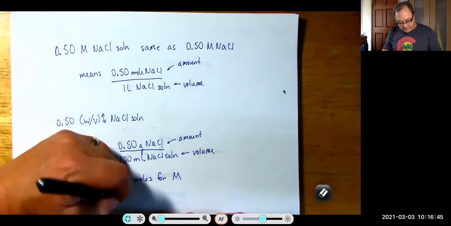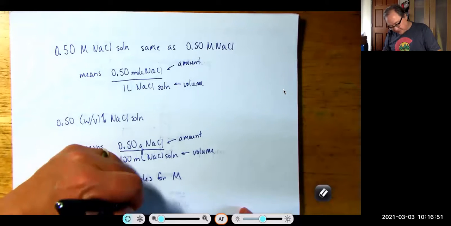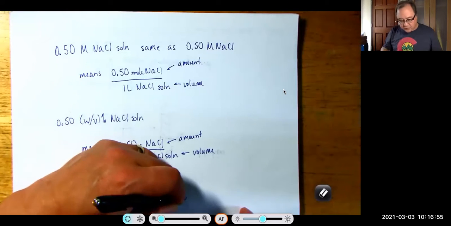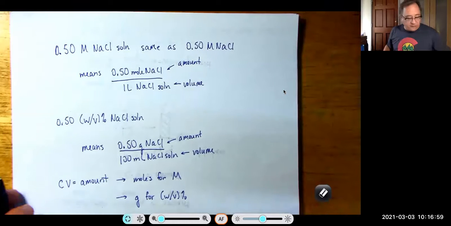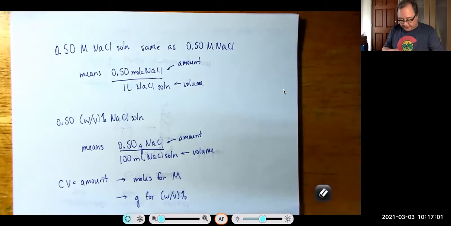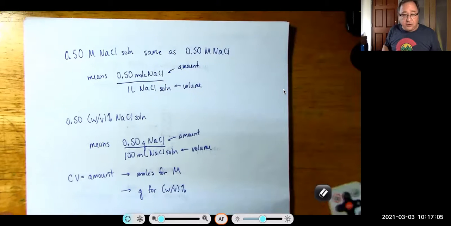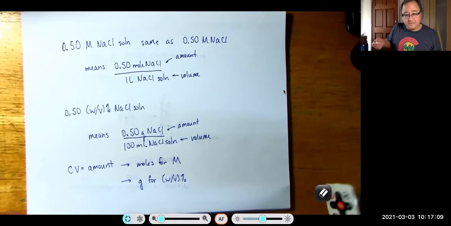And if your concentration is a weight to volume percent, your amount will be grams. So that's the explanation for the generalness of the formula where it says C times V equals amount. Amount depends on your type of concentration. Okay?